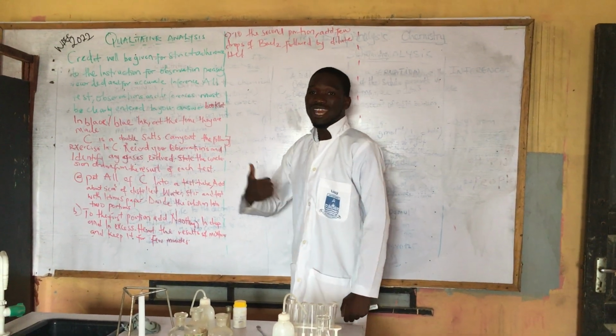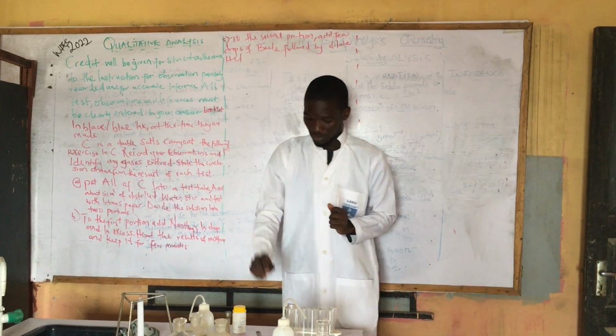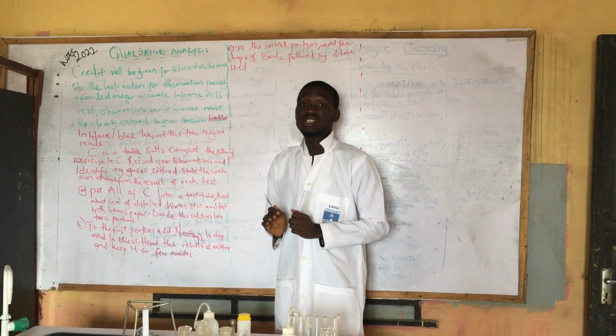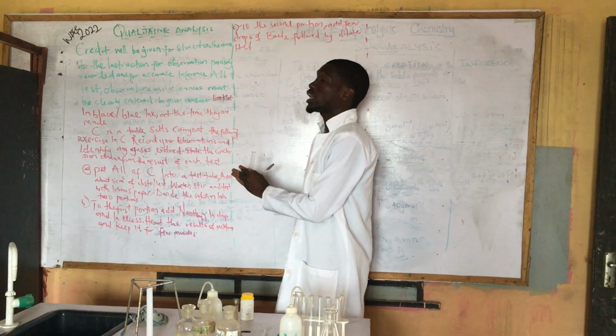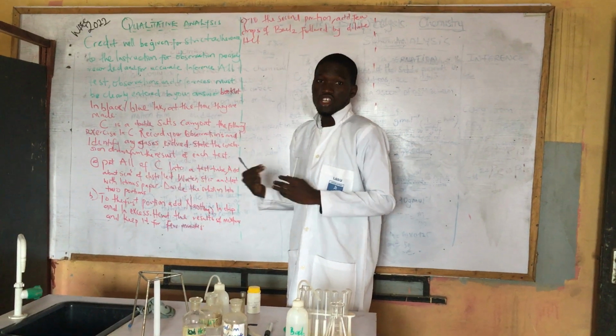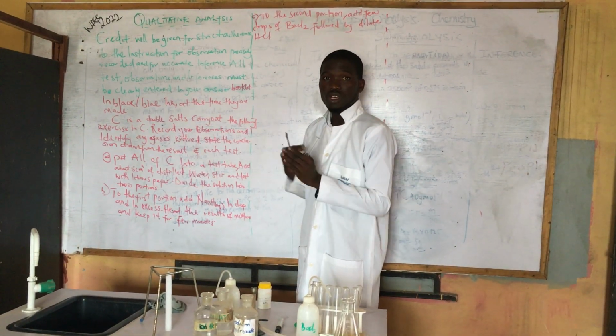So now, let's start. This is my test tube and this is my spatula. Please, a question under qualitative analysis does not require you to rush. You have to calm yourself, then follow the instruction step by step.